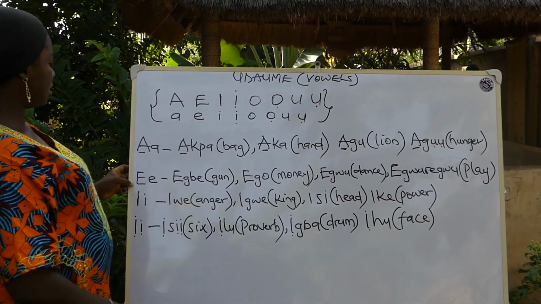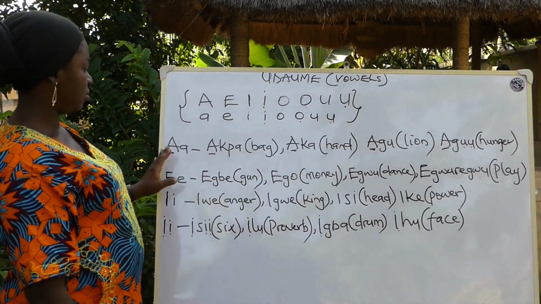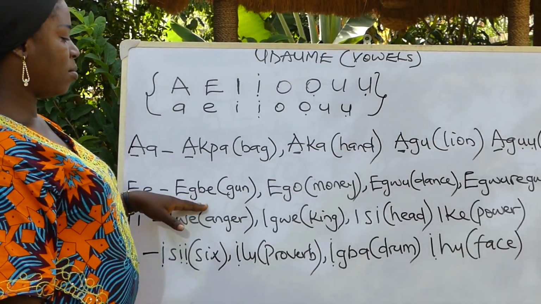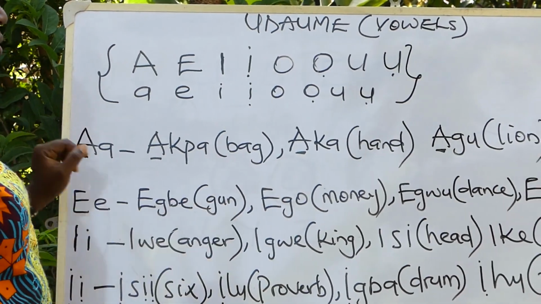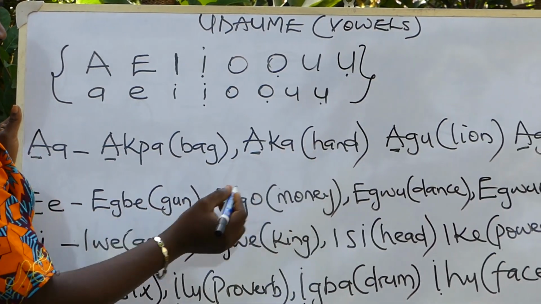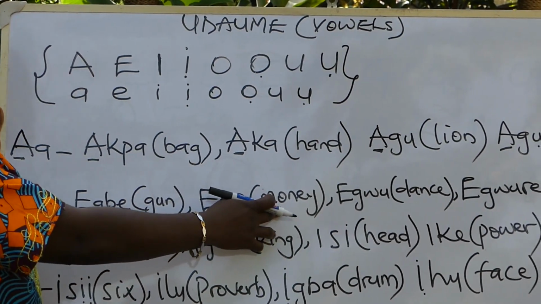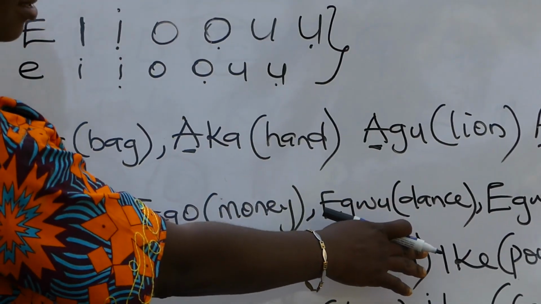Then we go over to the second one, E sound. Egbe, gun. Ego, money. Remember we are talking about E sound. Egu, dance.